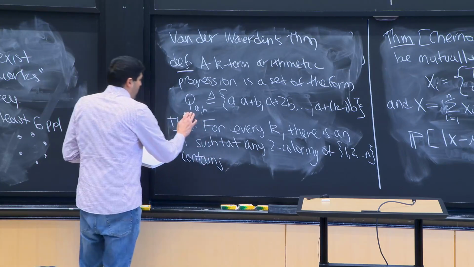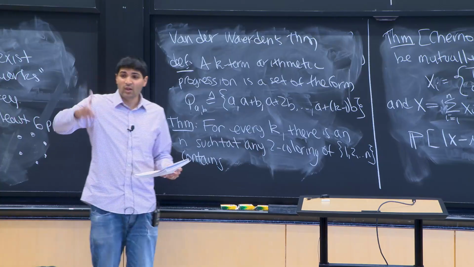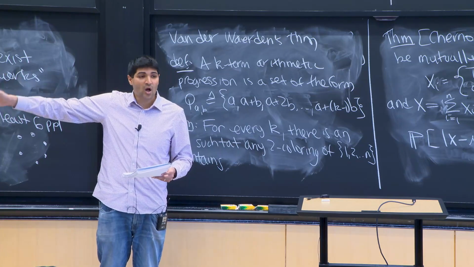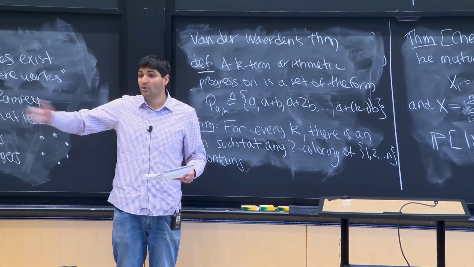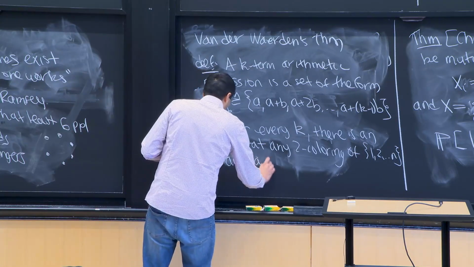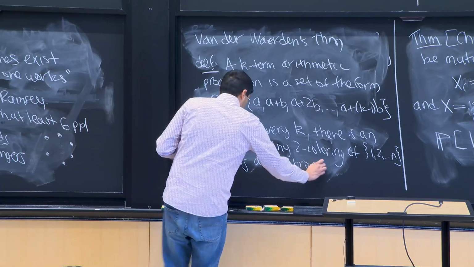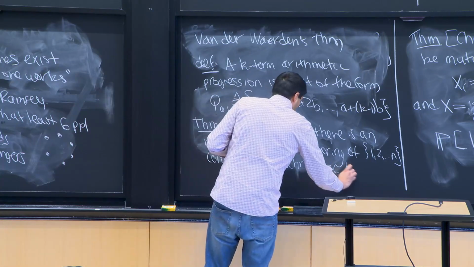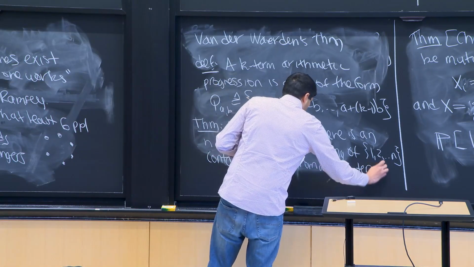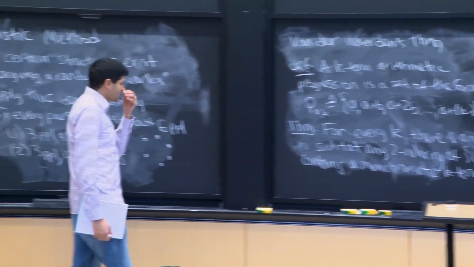So I want some arithmetic progression of this form, like Q_AB, but with the property that the colors of the integers along the sequence are all the same color. So this necessarily contains a monochromatic k-term AP, arithmetic progression.